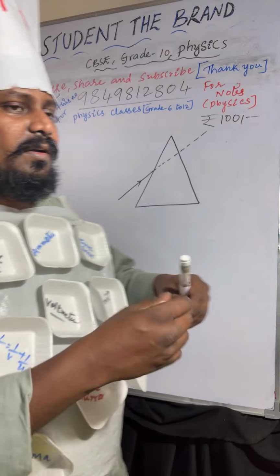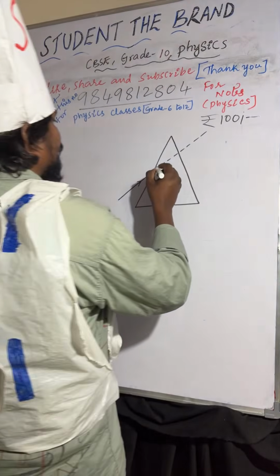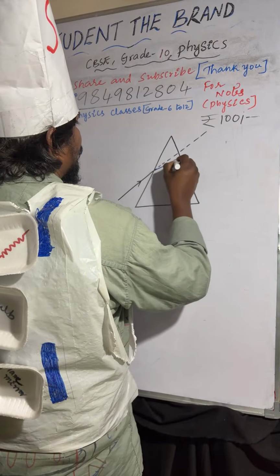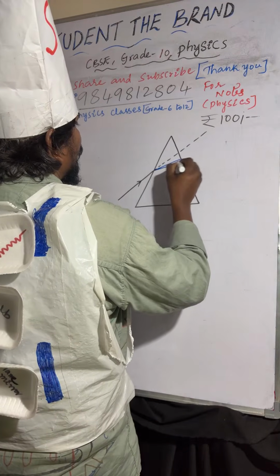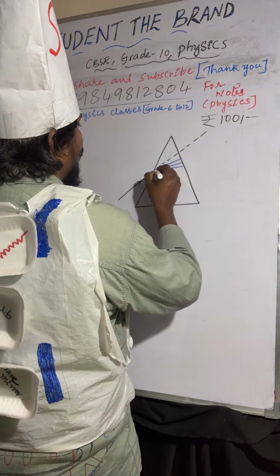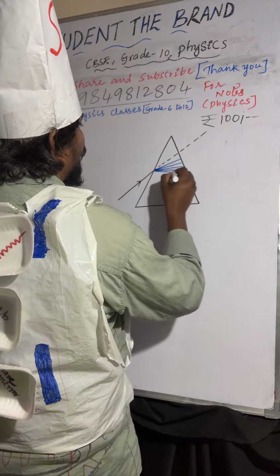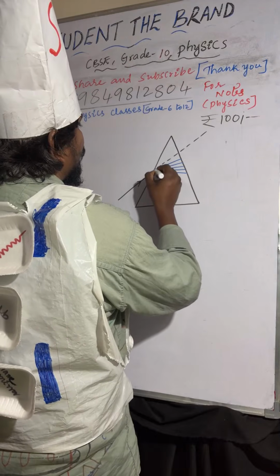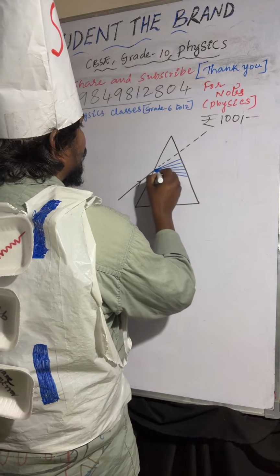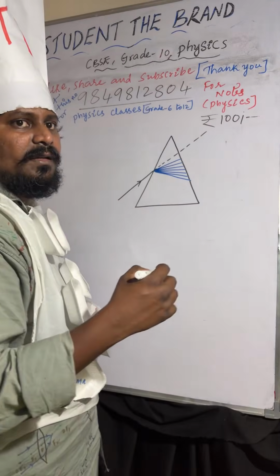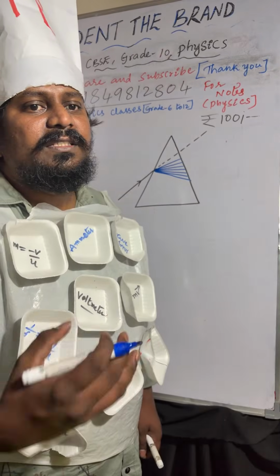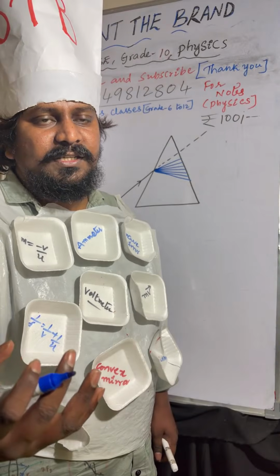Now you can see here: 1, 2, 3, 4, 5, 6, 7. The splitting of white light into 7 colors is known as dispersion.